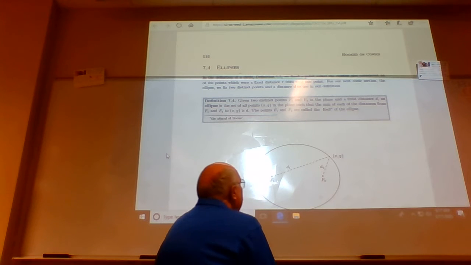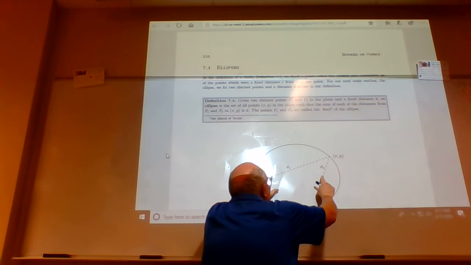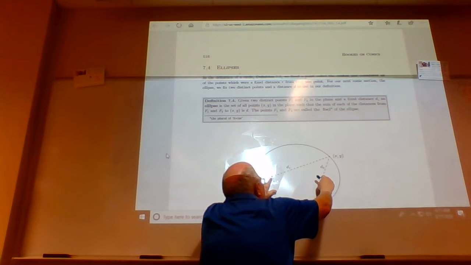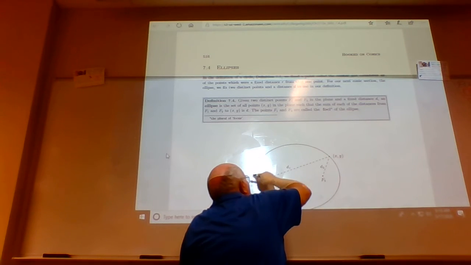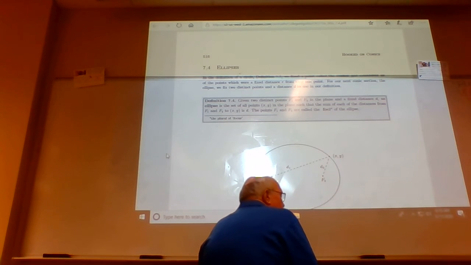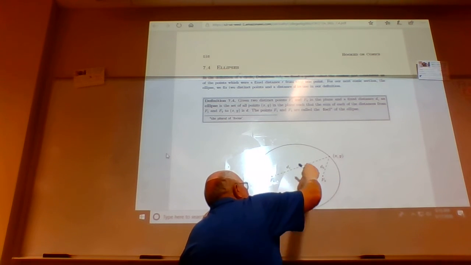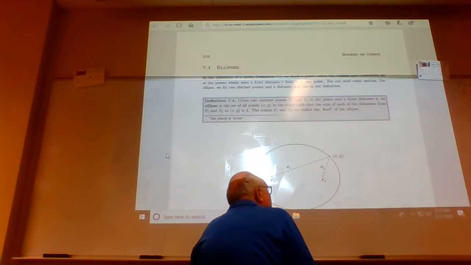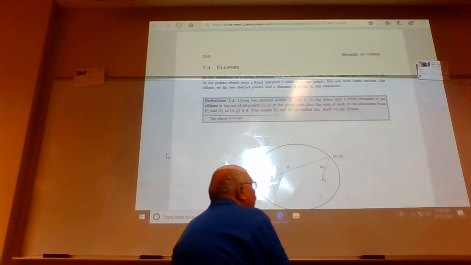So what we've got is a string from each of these that has a certain length on it. And what we used to do in the old days, we'd put a pin here and a pin here and a string in between them. And then we could just draw our oval because that length of string never changed. But it would slide, and at different points, one side was longer than the other and vice versa.